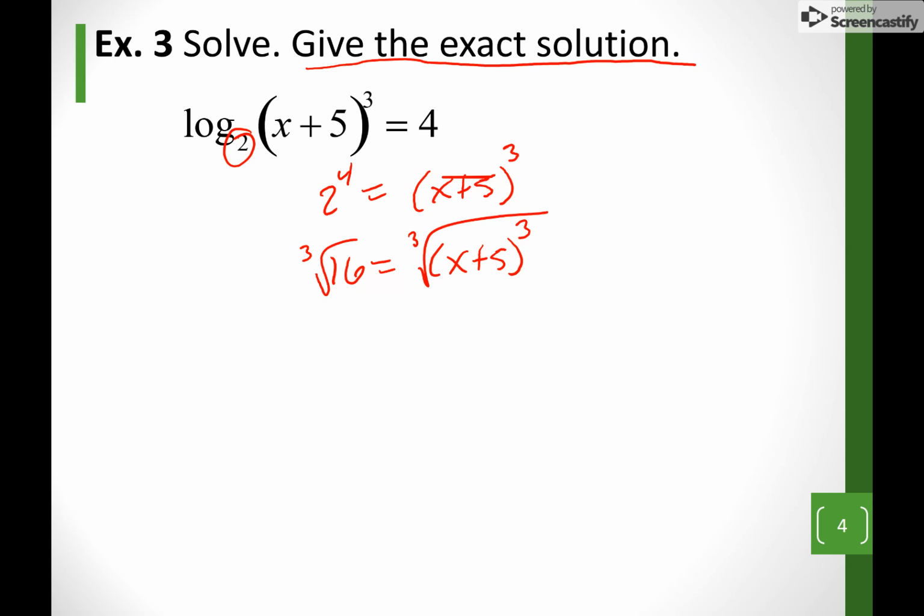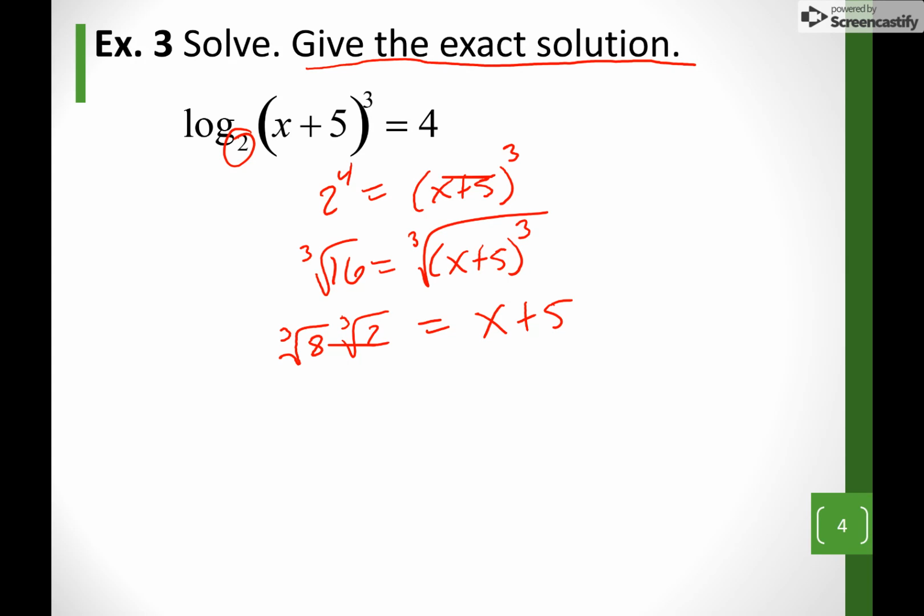Now, on the cube root of 16, I'm going to simplify that as the cube root of 8 times the cube root of 2. Because I want to split into two cube roots where one of them is a perfect cube root. And I know this is x plus 5. Once again, the cube root and then the cube cancel out.